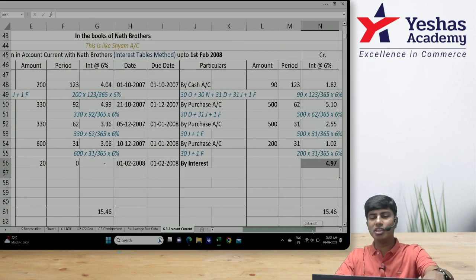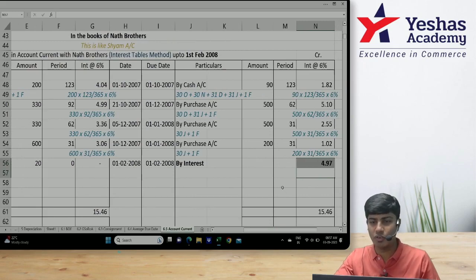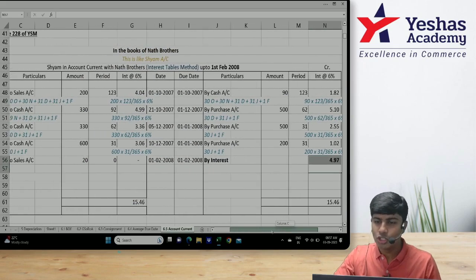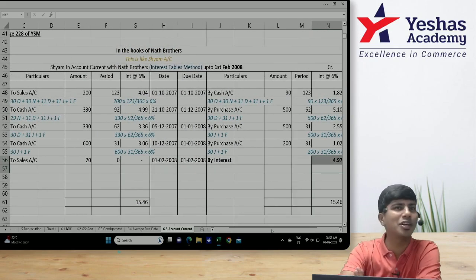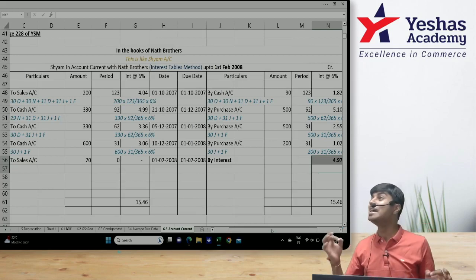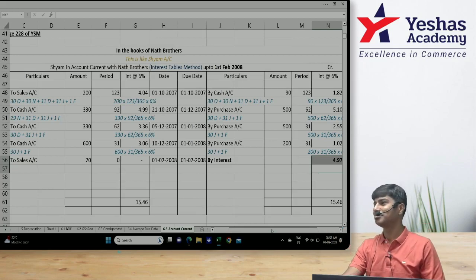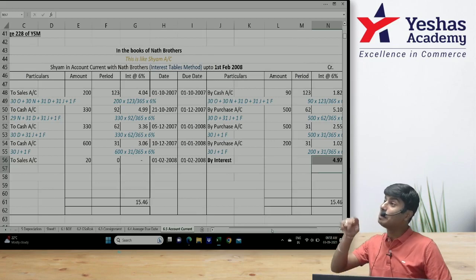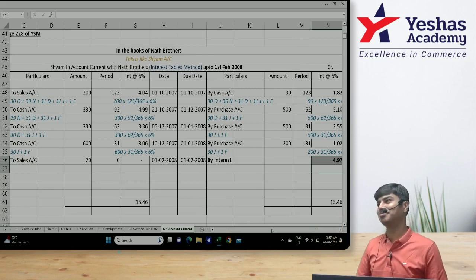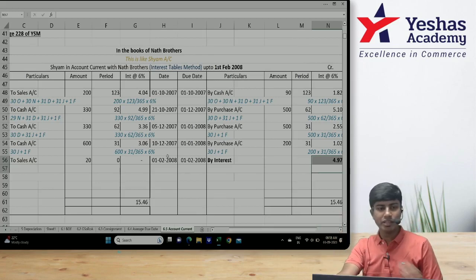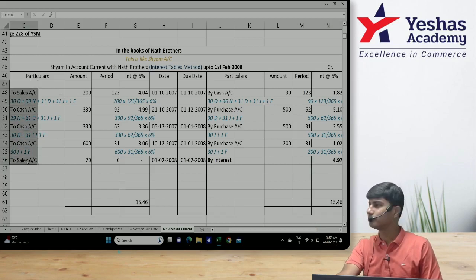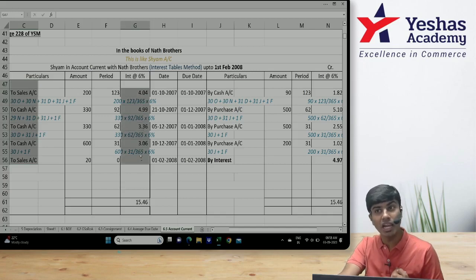Now you tell me, this 4.97, whatever I found as balancing figure in the interest column, should I write this on the debit side amount column or credit side amount column? Let's say, one second. These are sales that you made. So 4.04, 4.99, 3.36, 3.06 is interest receivable.